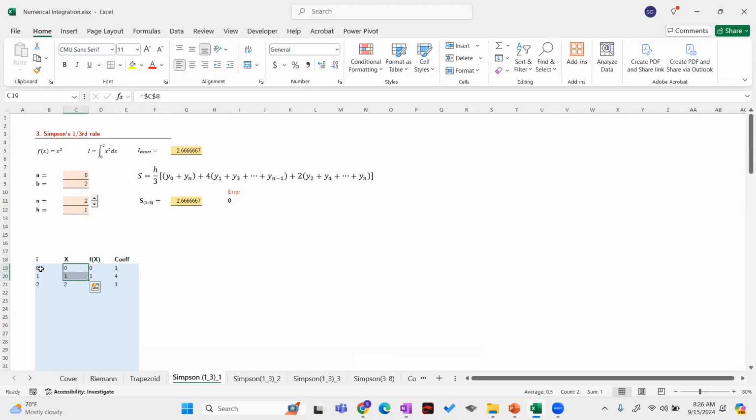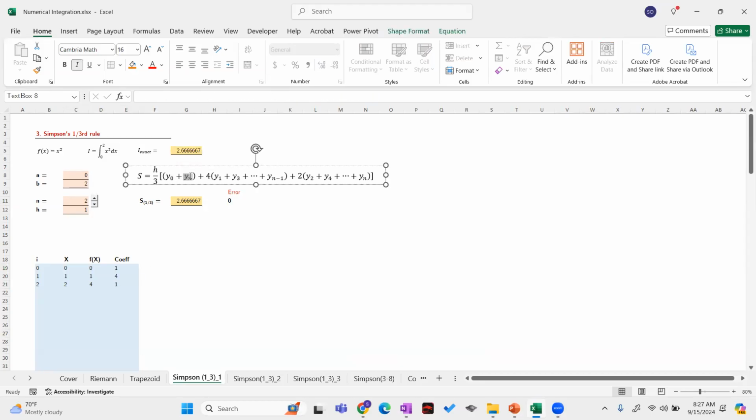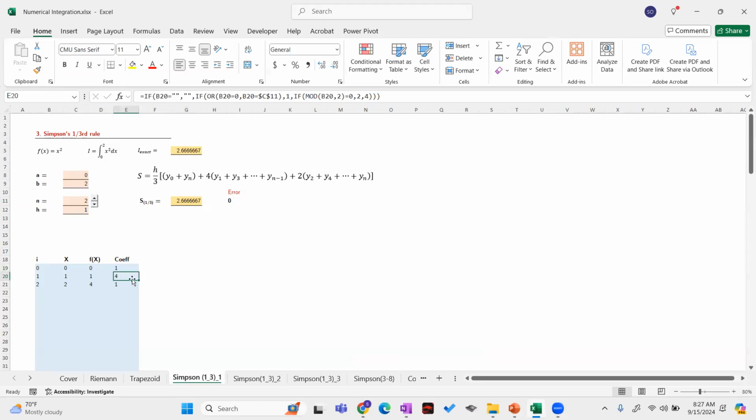I only have n equal to 2, so 2 segments. x goes from 0 to 1, then x goes from 1 to 2, right? Evaluate the functions, which are the y's, y0, y1, y2. The coefficient of the first one would be 1. The last one will also be 1 because y0, yn, right? The intermediate ones you have to check.